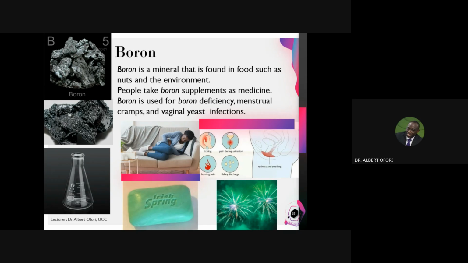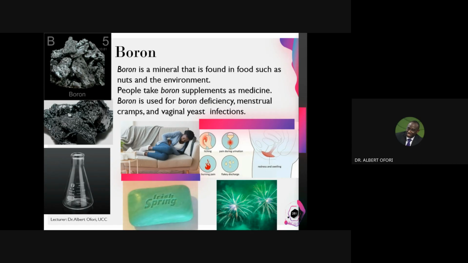They use that for women having discomfort, and sometimes for vaginal yeast infections. Boron is also used in treating those.